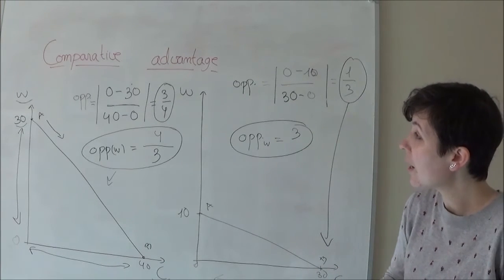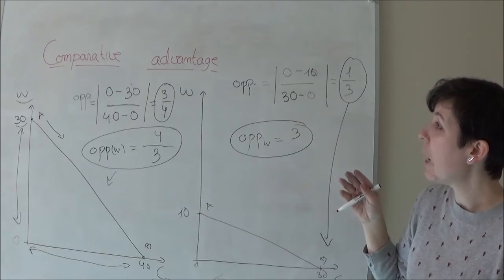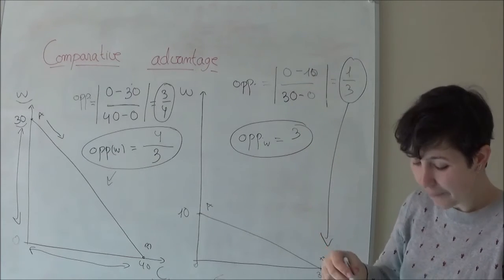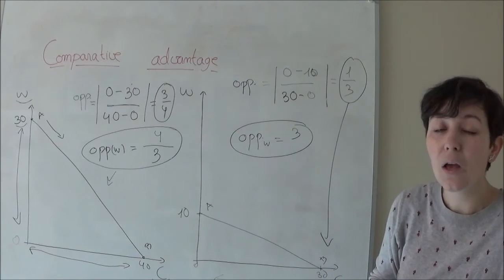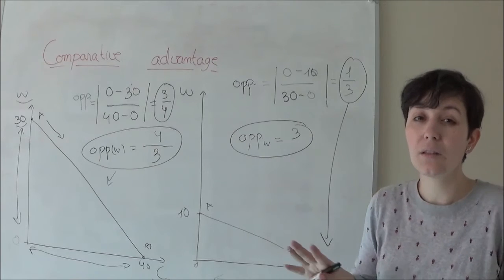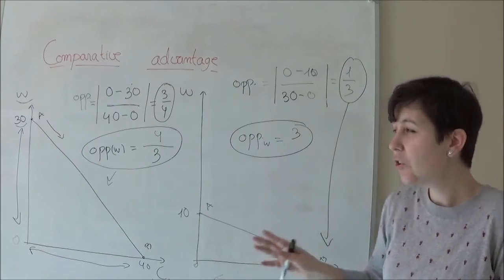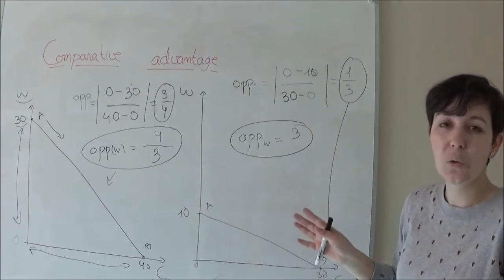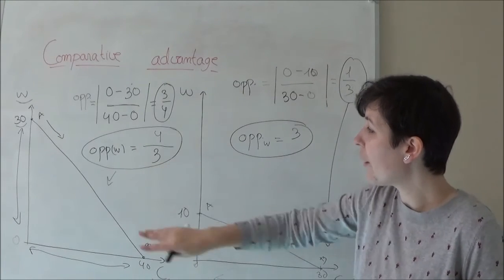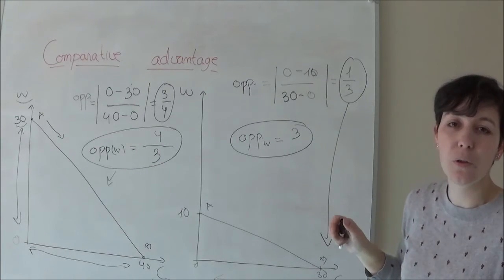So now we are able to see how to get the comparative advantage and then determine which economy in a context of international trade is going to specialize in its good. This is going to be wine, while this economy is going to produce cheese.